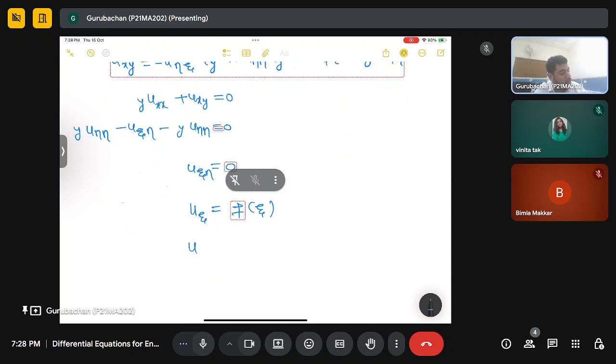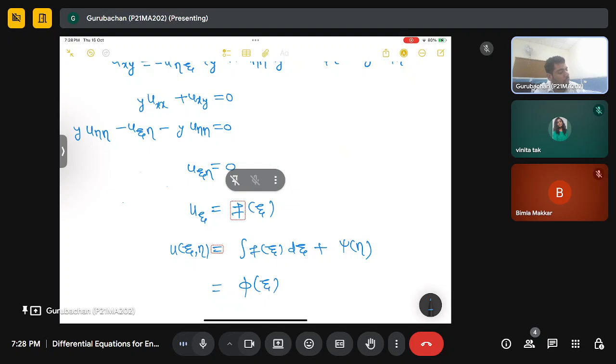Next is u xi eta, this will be integration of f xi d xi plus some constant, but here the constant will be in terms of some eta. This will give you some phi function of xi, and this will be your function of eta.